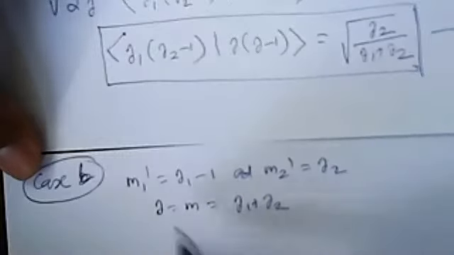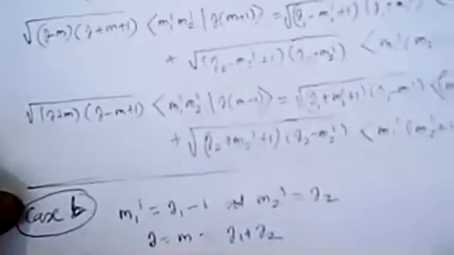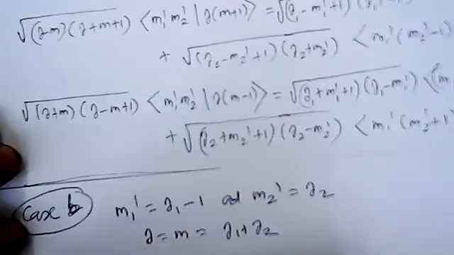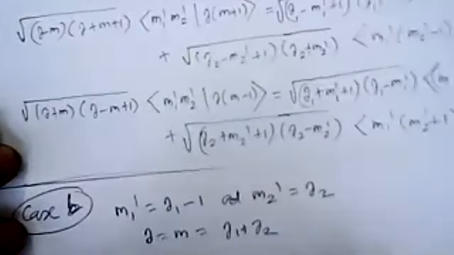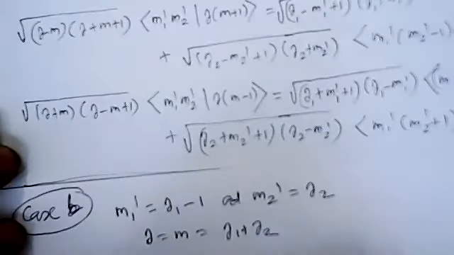So again, the second recursion relation becomes, this was the second recursion relation, root of j plus m. M is also j.